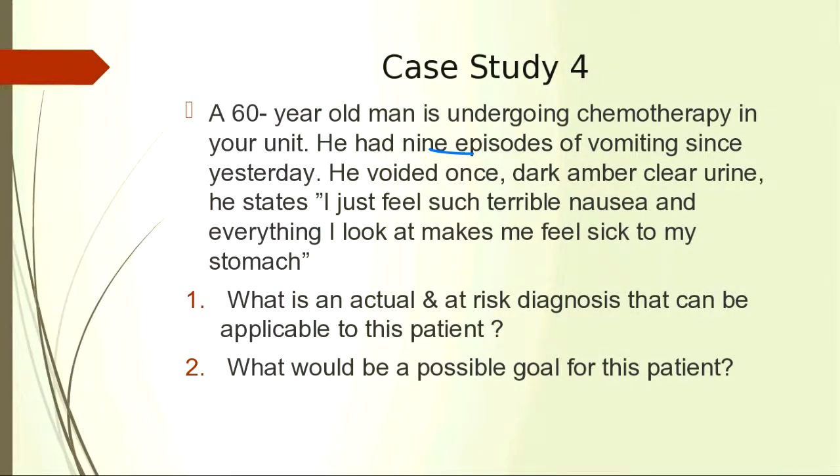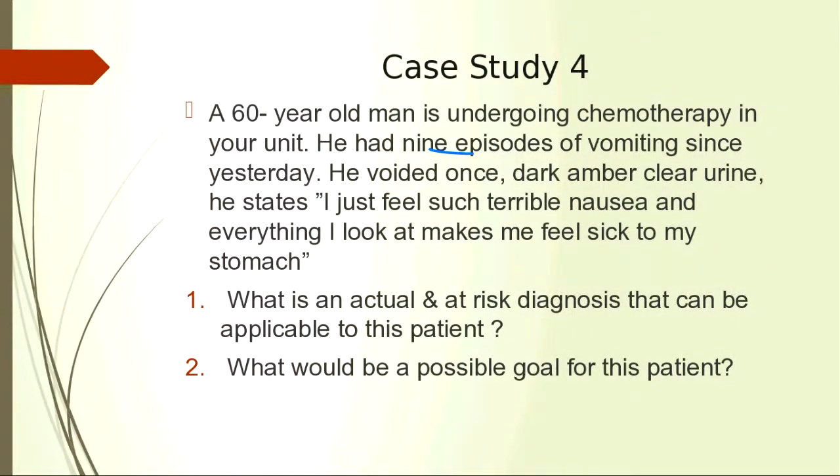So he doesn't feel the nausea, and every 2 hours and retain it. So we don't want him to vomit again. So we can correct the impairment of nutrition and help with the nausea.